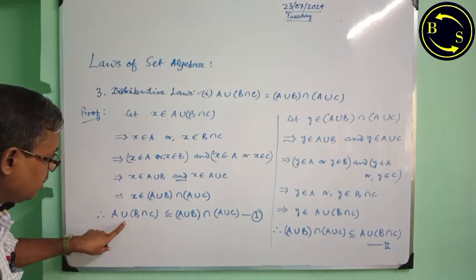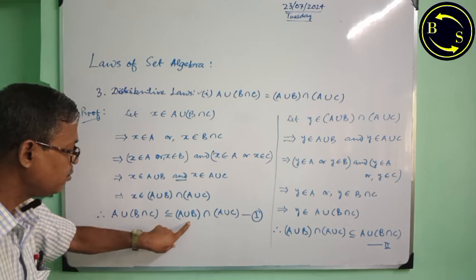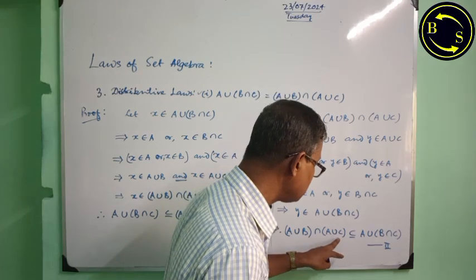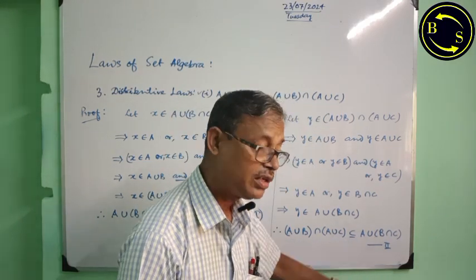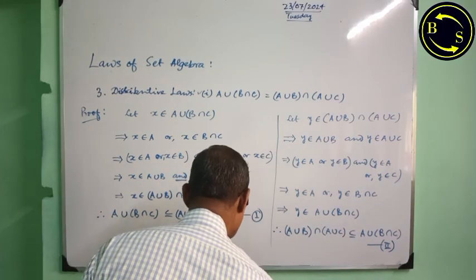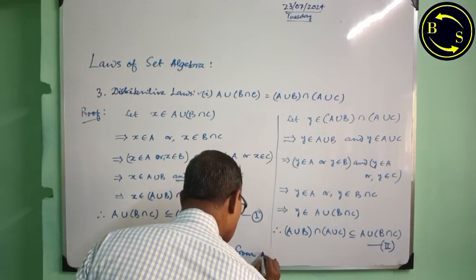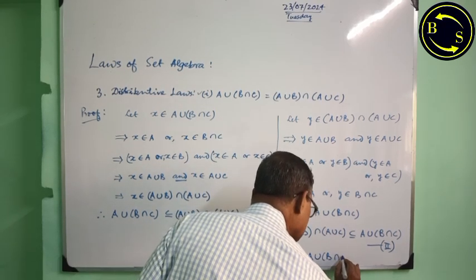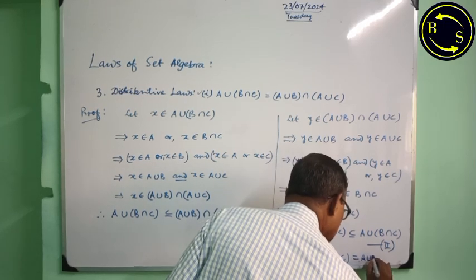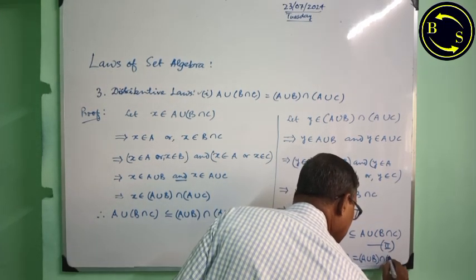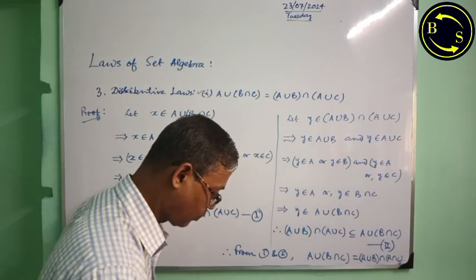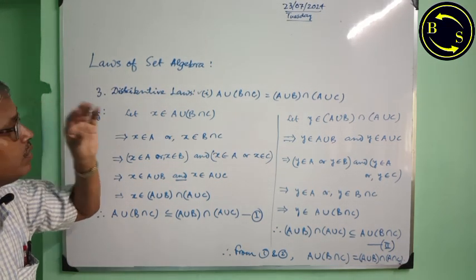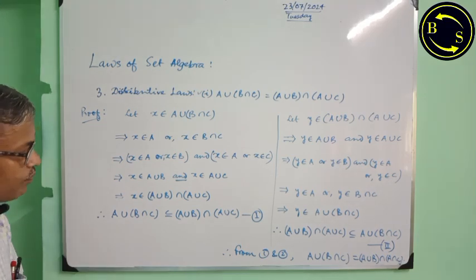Here we have got A union B intersection C is subset of A union B intersection A union C, and here we get A union B intersection A union C is subset of A union B intersection C. Therefore, from 1 and 2, A union B intersection C is equal to A union B intersection A union C. This is the way of proving this law, one distributive law.